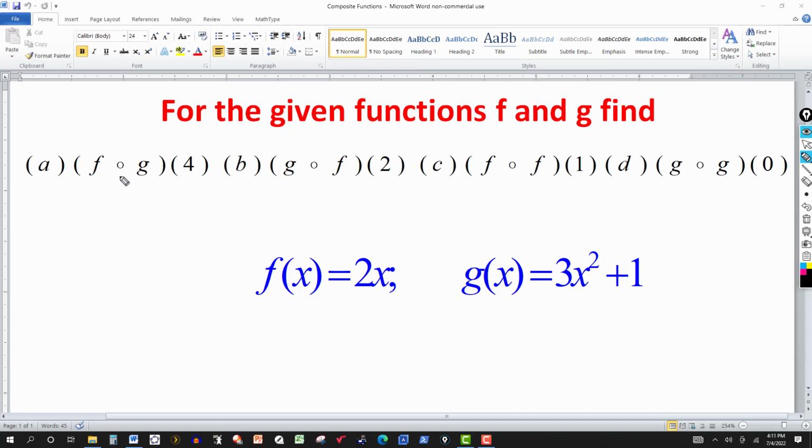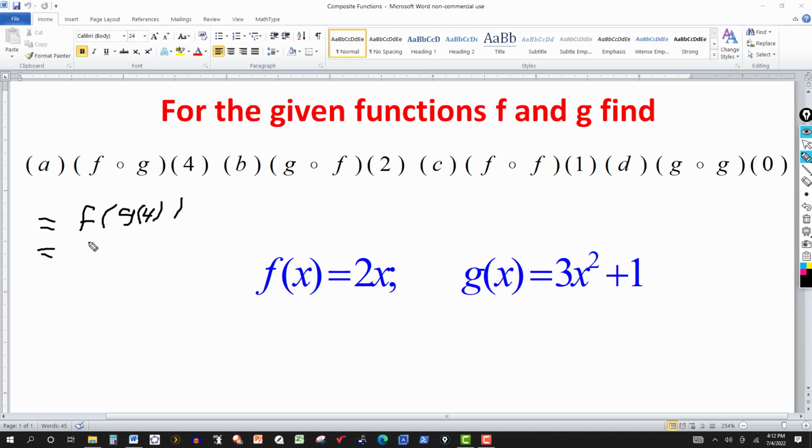So now let's look at the composition. The way you set this up, if I look at A here, I want f composed of g, evaluated at 4. So I can write this as f of g of 4.